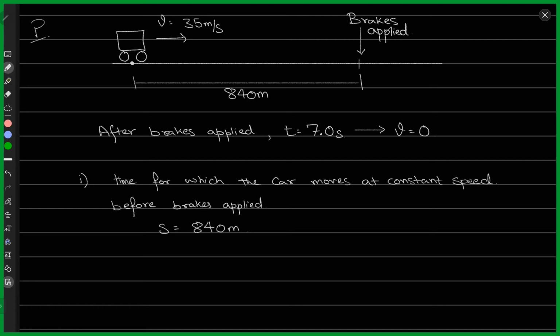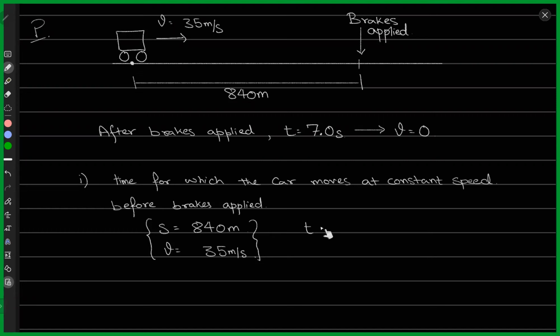And the velocity of the car is constant before the brakes are applied, right? So the velocity of the car is also 35 meters per second. This is before the brakes are applied. So I know, and I need to find out, the time for how long it will maintain this speed of 35 meters per second.